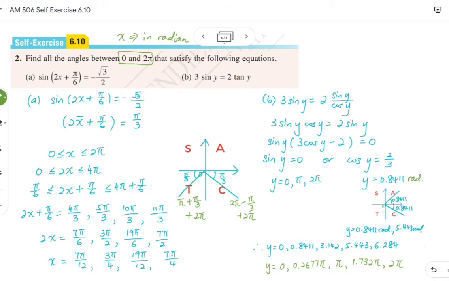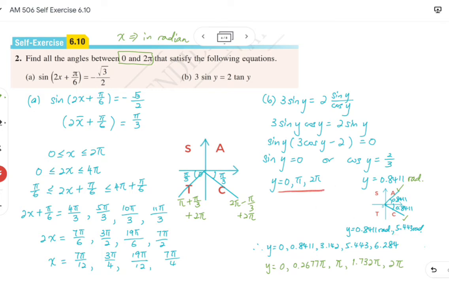This is our reference angle, and this reference angle will be put in quadrant 1 and quadrant 4. So we get y equals 0.8411 radian, and 2 pi minus 0.8411, which gives 5.443 radian.